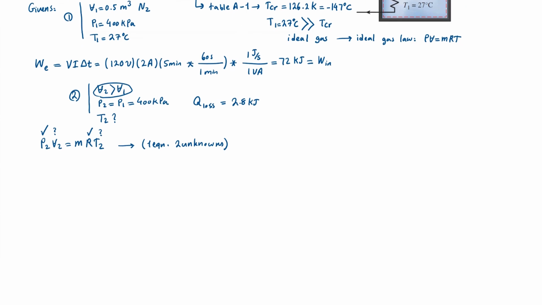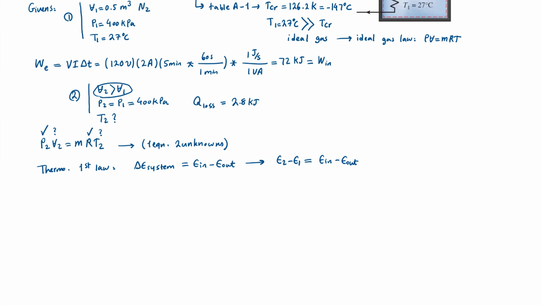I'm going to use the thermodynamics first law. Delta E system is equal to E in minus E out. Left-hand side is E2 minus E1, the energy change inside the system from state 1 to state 2. Right-hand side is E in minus E out, or the energy at the boundaries.